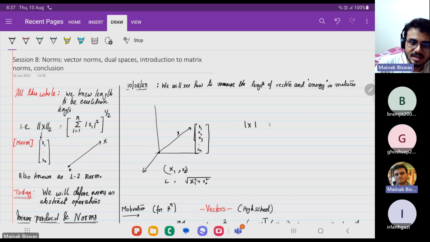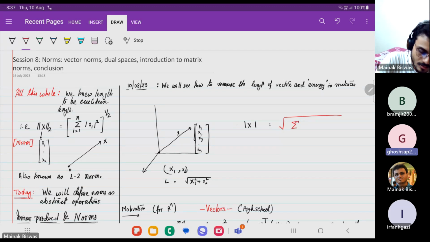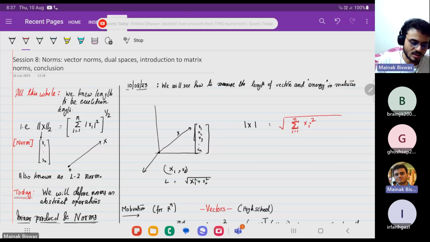So what would be the length of an n-dimensional vector? Because this is a new topic, please follow me from the beginning, which will be an easy thing. It would be the root of x1 square plus x2 square plus dot dot dot xn square. Okay, that will be this, as you are saying.